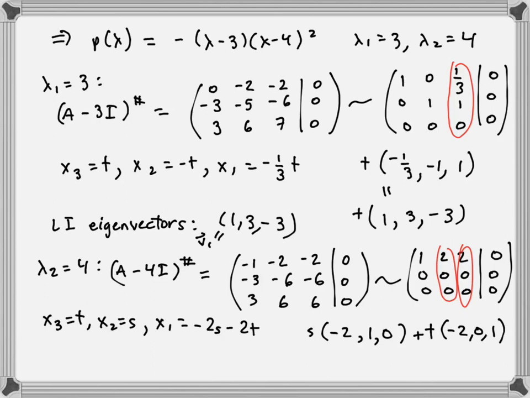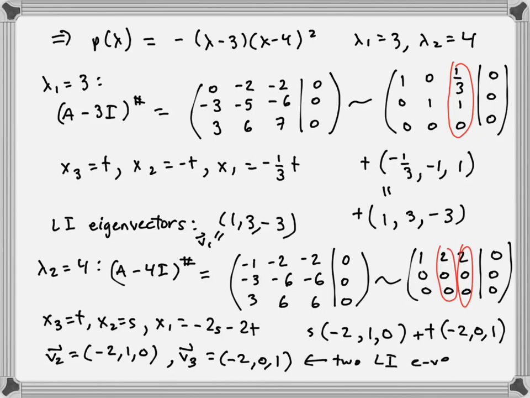Okay, so we actually have two linearly independent eigenvectors. I'm going to call this V2. V2 is negative 2, 1, 0, and V3 is equal to negative 2, 0, 1. Okay, these are two linearly independent eigenvectors.